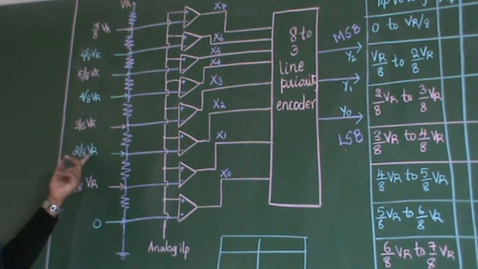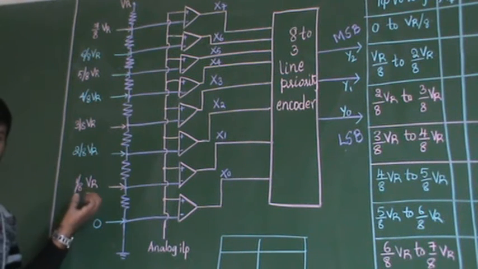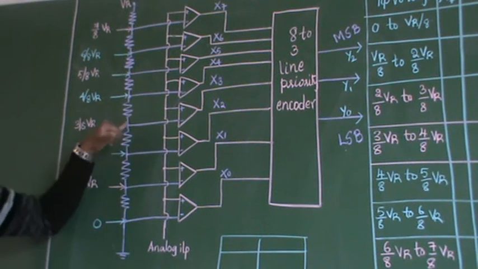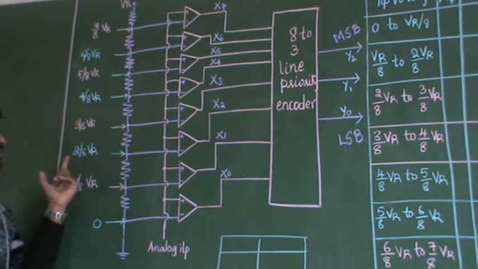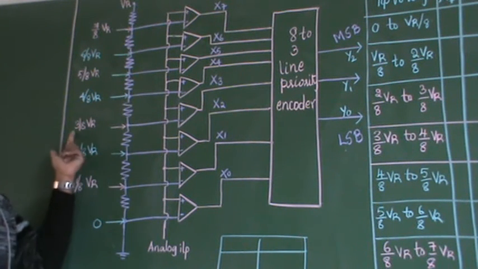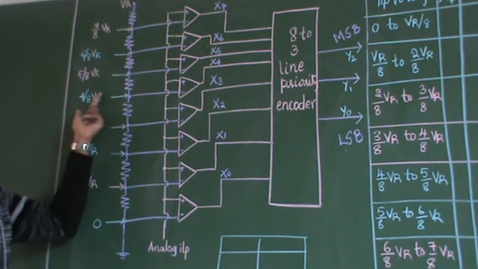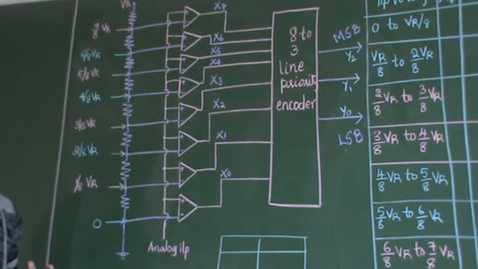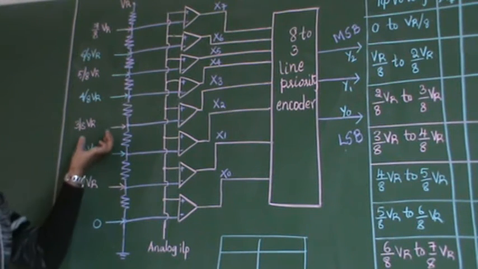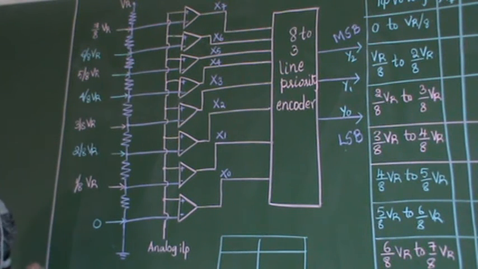The denominator remains 8 for all the potentials, and the next points are 2 VR by 8, 3 VR by 8, 4 VR by 8, 5 VR by 8, 6 VR by 8 and 7 VR by 8. I hope you have understood how to write the potential at each terminal.